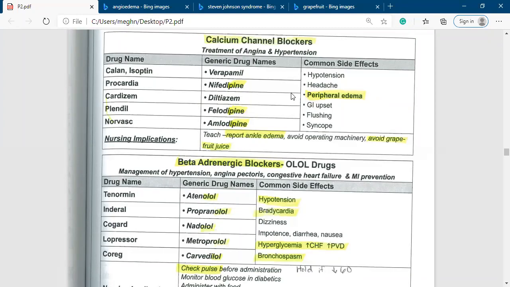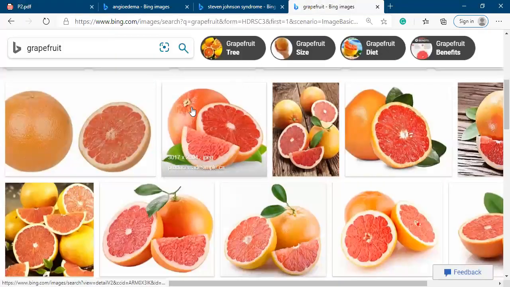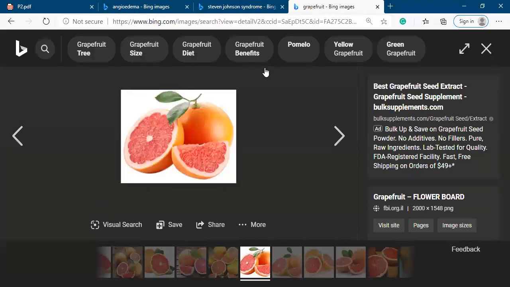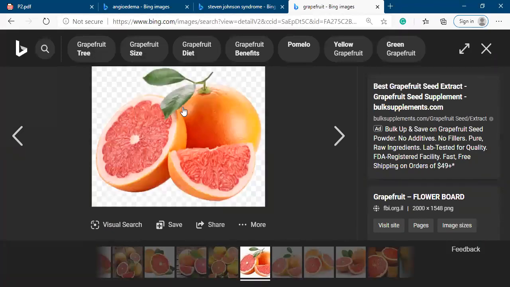Okay. And also we have to avoid grapefruits. Another medication called carbamazepine also requires us to avoid the grapefruits.